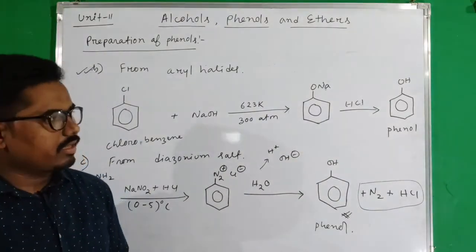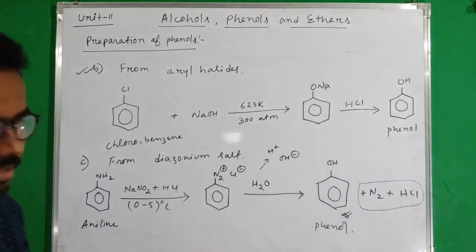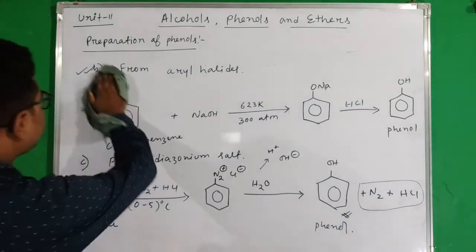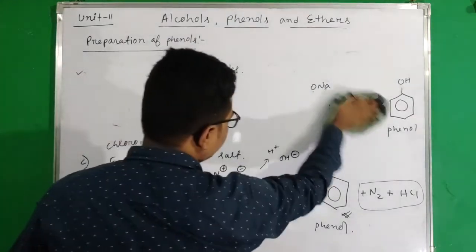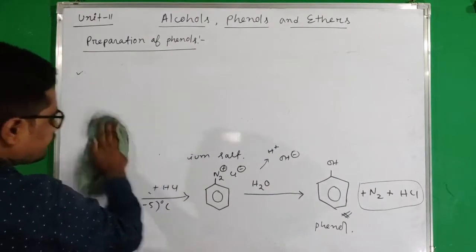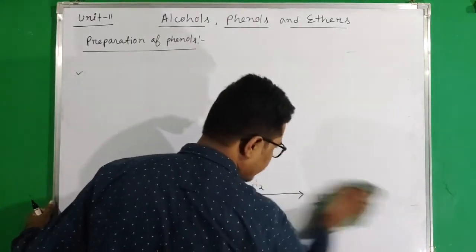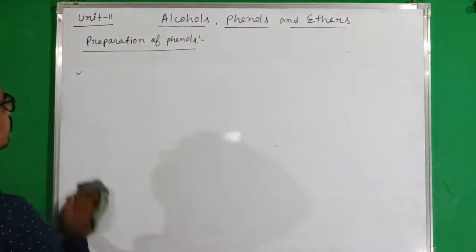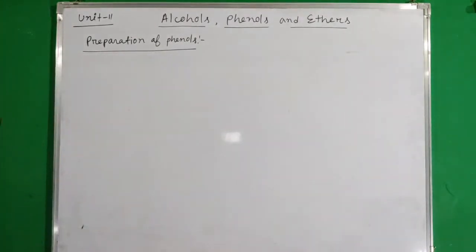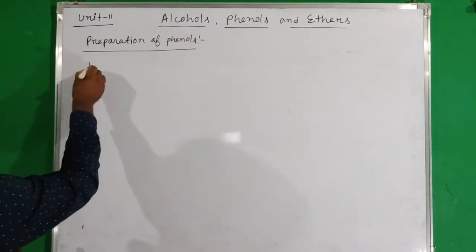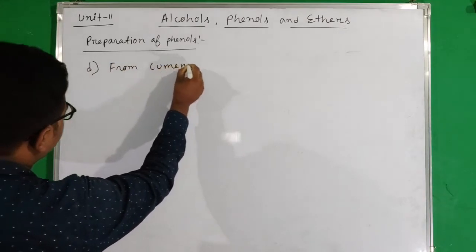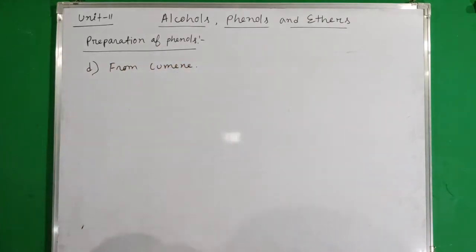Okay, and then the next method is from cumene. So number D, from cumene.